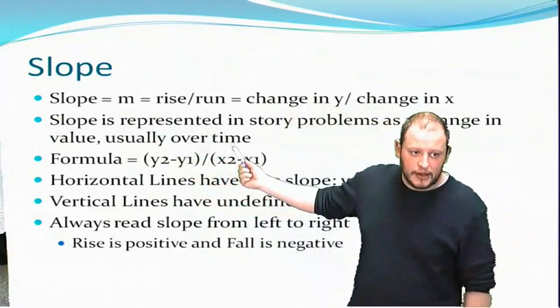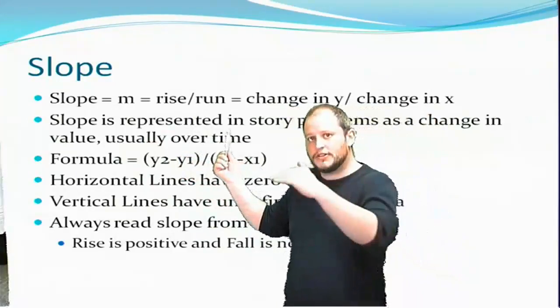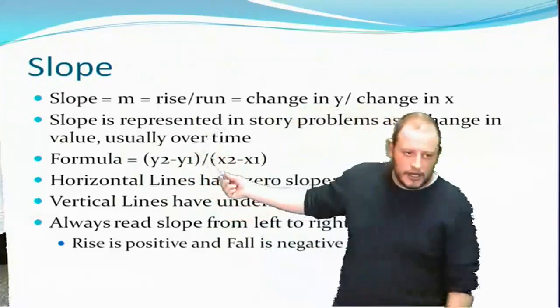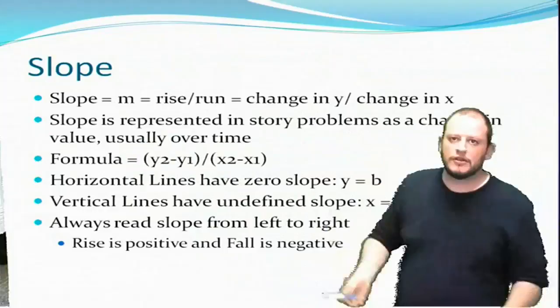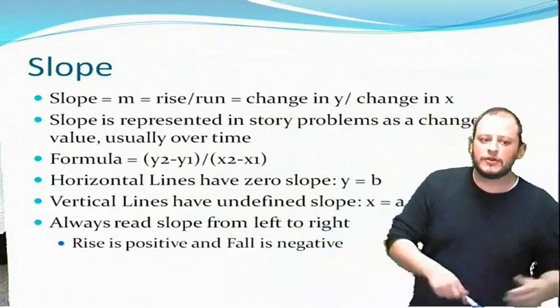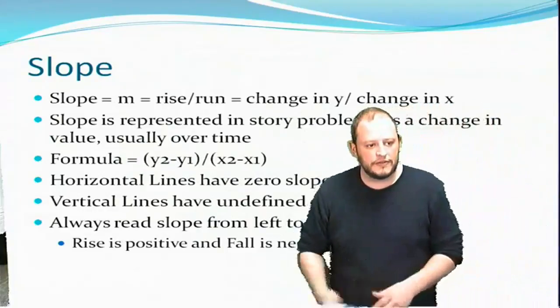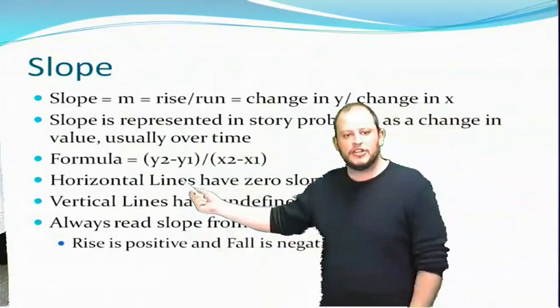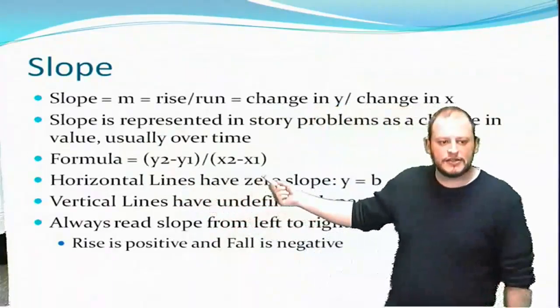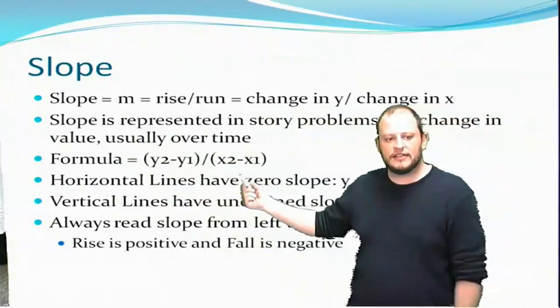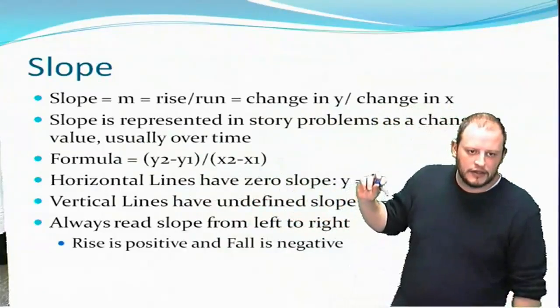And we calculate them by how much it's going up versus how much it's going over. Which is also equal to the change in y over the change in x. Okay, so that's where the formula is derived from, and I'll show you this formula here in a little bit, but the change in y is the difference in the y's, and of course the change in x is the difference in the x's.